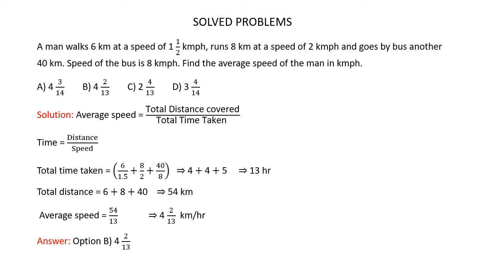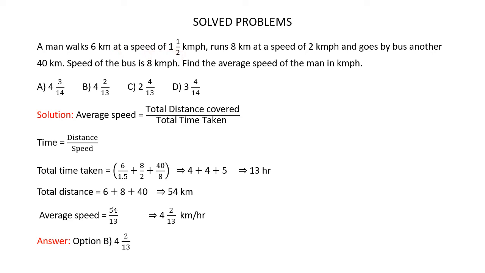Now let's find the total time taken. We know that time is equal to distance divided by speed. Here it's given the man walks 6 kilometers at a speed of 1.5 kilometers per hour. So the speed is 1.5 kilometers per hour. So the time here is 6 divided by 1.5.